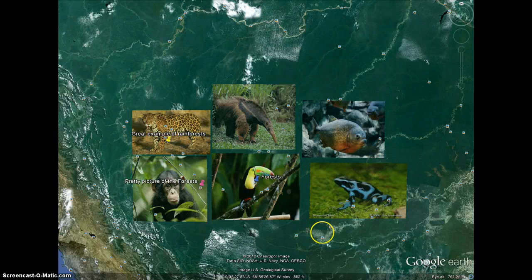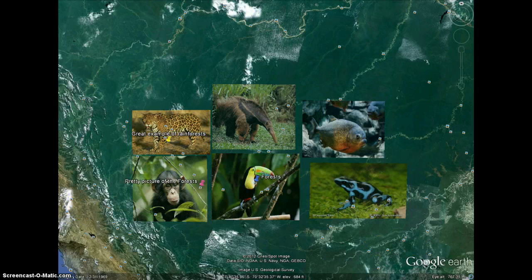And what about this animal right here, this frog? Did you expect for there to be frogs in the Amazon rainforest? Yes, that would be a good thing to predict to live in the rainforest. They like places that are wet. So, since the rainforest is wet, it makes a good habitat for this animal.